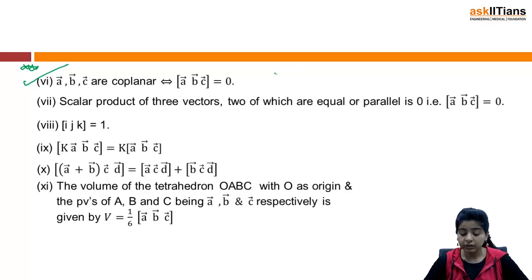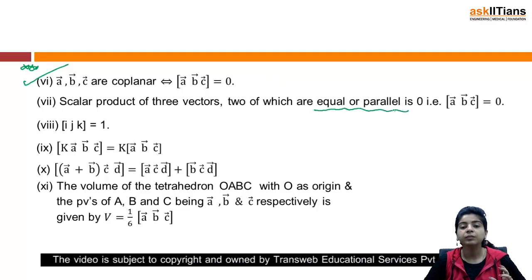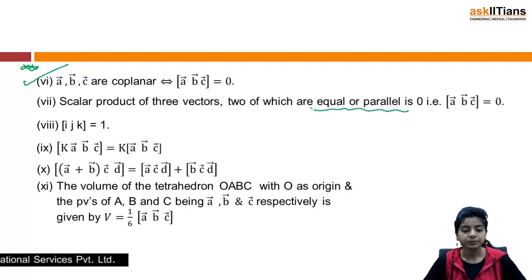One of them we have already discussed, that we had two quantities the same, that is, two vectors in fact were the same. We had the scalar triple product of AAB, so that value would be 0. So if any two vectors out of three are either equal or parallel, then the scalar triple product of these three vectors would be 0. Scalar triple product of i, j, k is 1.